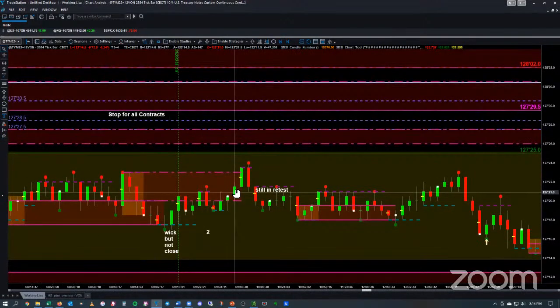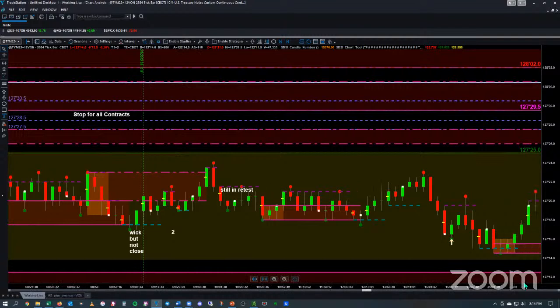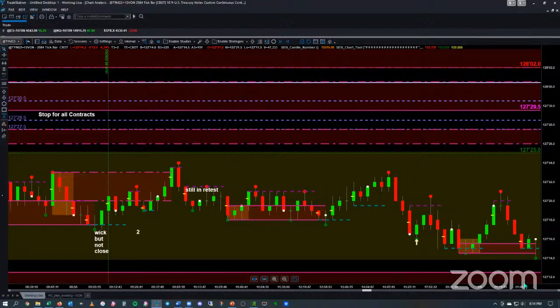Then we're just chopping sideways here. But at this point, we do see this is your last swing low, and this is a little bit lower swing low, but again, it's still really sideways. I should say the green dots are the swing lows and the red dots are the swing highs.